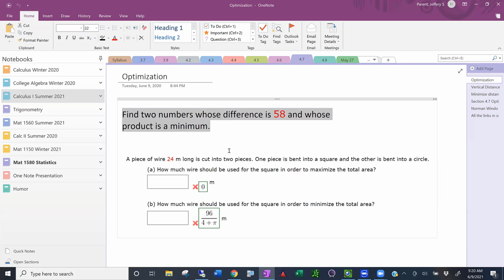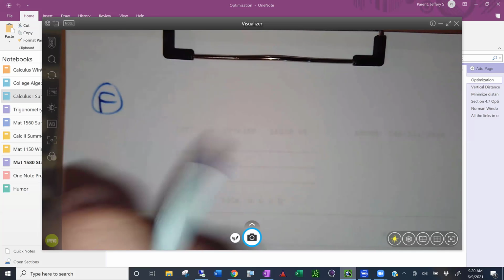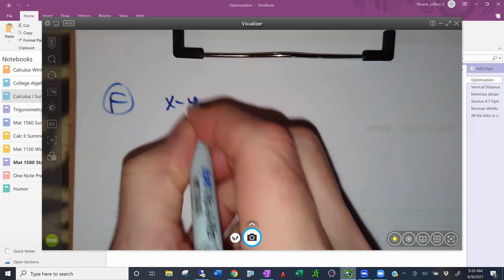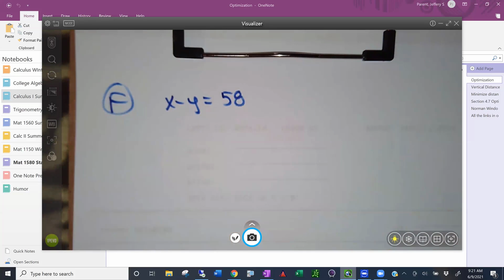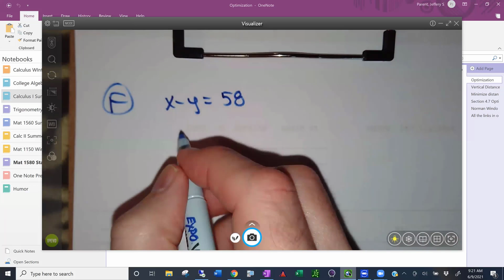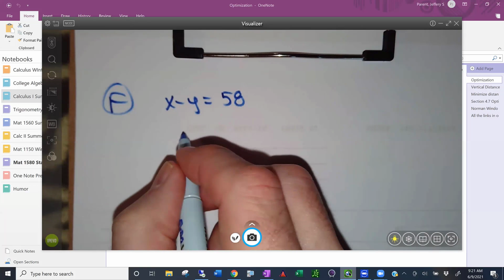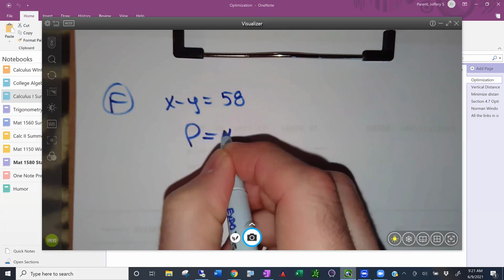All right, so let me try this again. Function: difference is 58 and product is a minimum. X minus Y has to be 58. And the product is a minimum. So I'll call P equals X times Y.